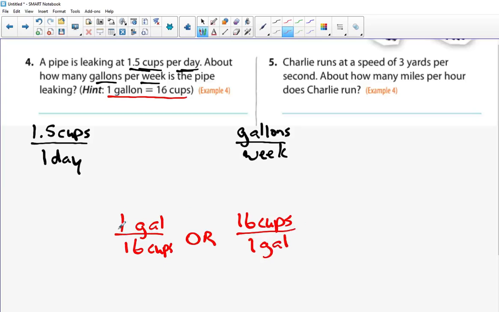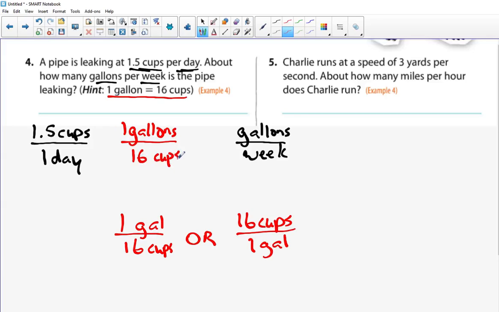Because they're equivalent, this is just one number over itself, and anything divided by itself is just 1. So either way we write this is correct, but we want to write it so that it ends up looking like this rate here. Since gallons is on top, I'm going to want to have gallons on top. So 1 gallon, and that is 16 cups.